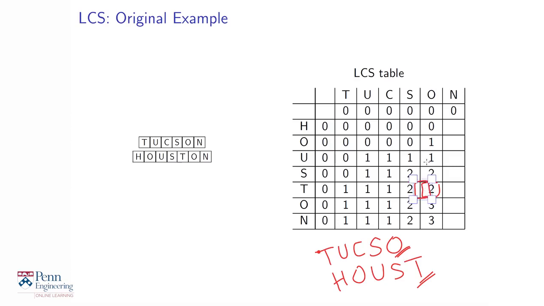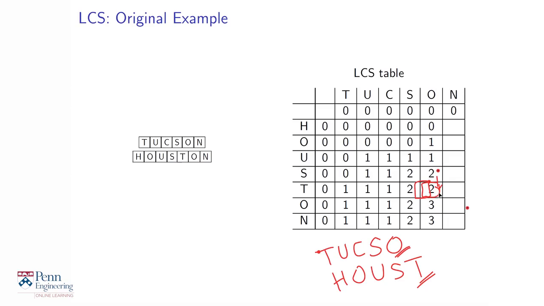So you can take that score directly and put it here, or you could delete the T from Houston, and then you would use this entry, and again you can take the 2 and get that same score. You cannot improve it because you're not matching any more symbols.